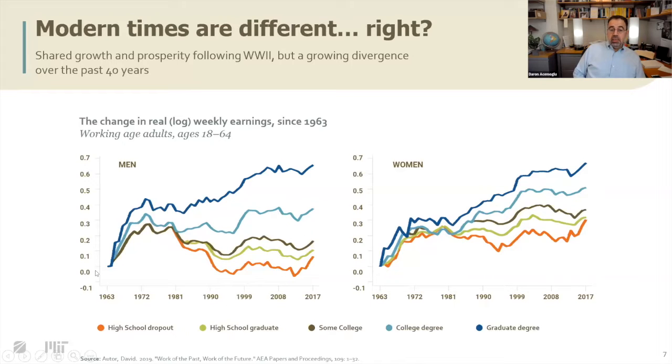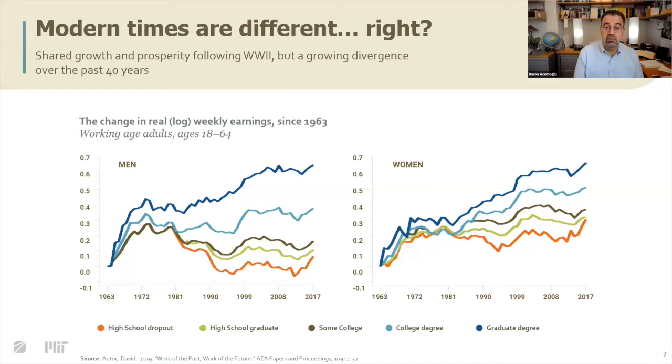And what you see here are the two faces of the coin of post-war industrialized nation growth. First, you have this phase of very shared prosperity. Here, I'm showing it from 1963 onwards. You can see all of these 10 curves are essentially on top of each other, indicating that they're all growing more or less at the same rate.